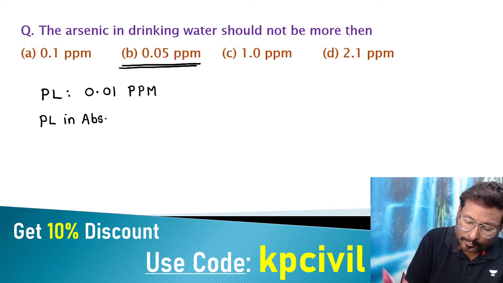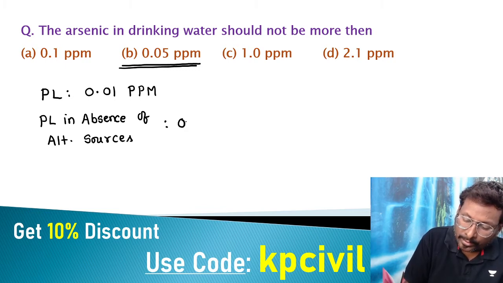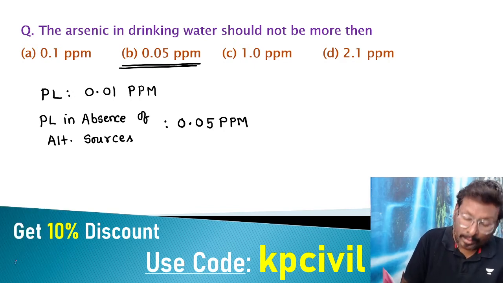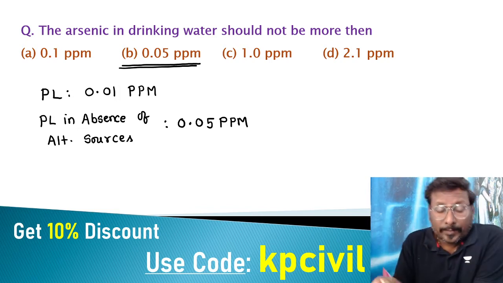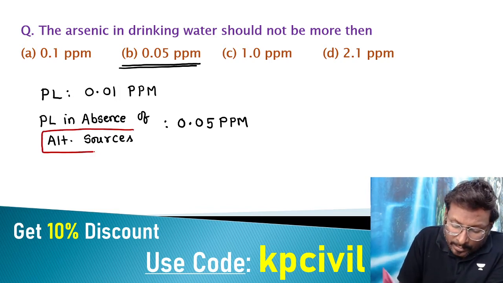Always you go for permissible limit in absence of alternate source. It is accepted up to 0.05 ppm. Please understand, maximum limit is nothing but in absence of alternate source.